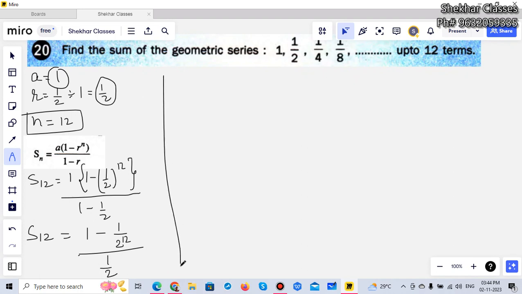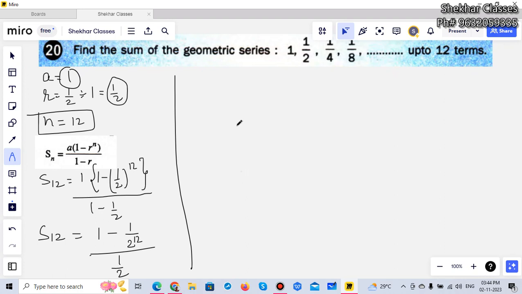So if I solve it here, S12 is equal to 2 to the power 12 minus 1 divided by 2 to the power 12, and the entire thing divided by 1 upon 2. So what is 2 to the power 12?